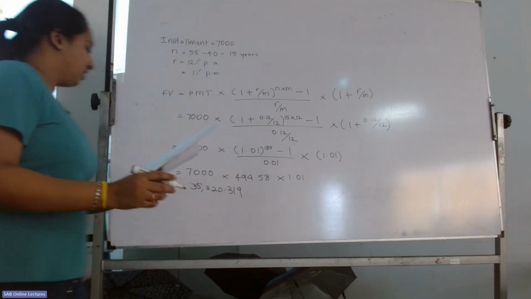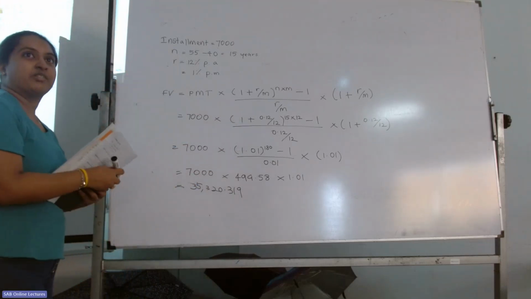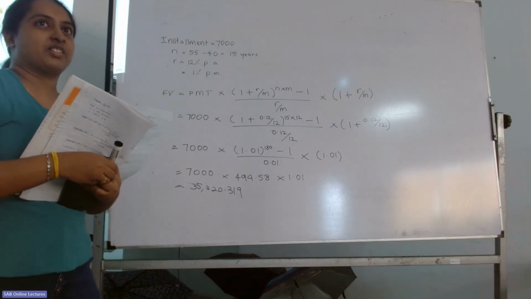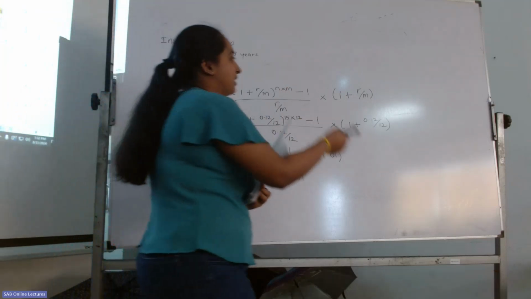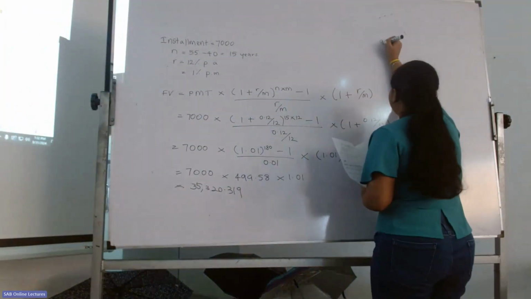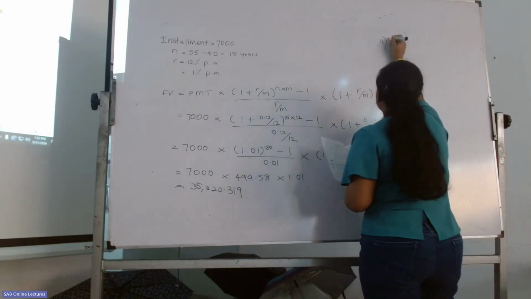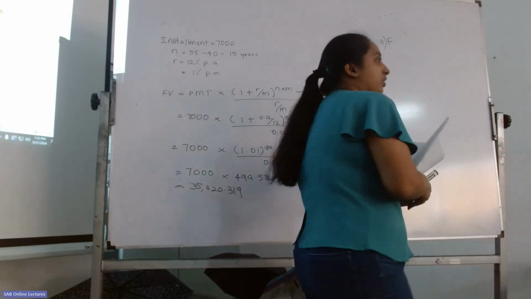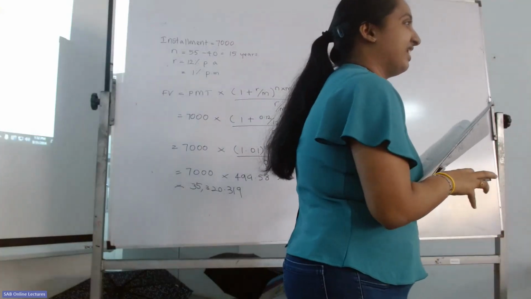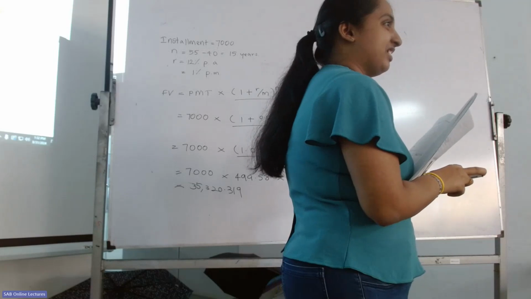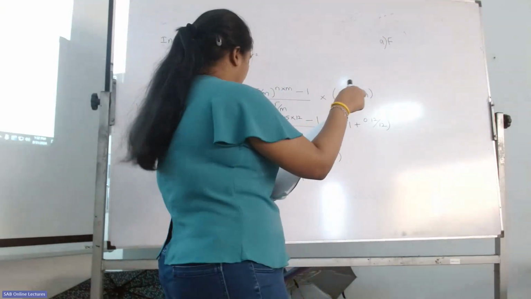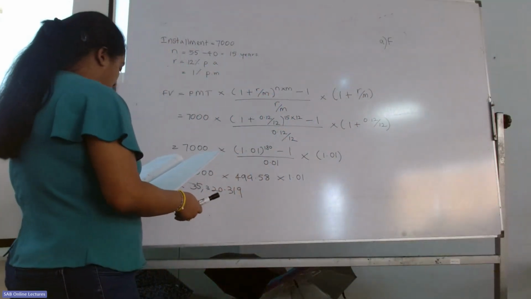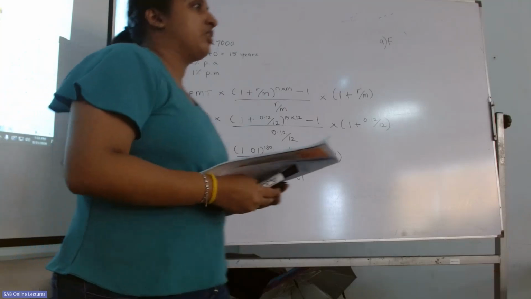It is what? After the 15 years, this will be. So this is the answer for part A. How much money will be accumulated by the 60th birthday? Is it the answer, the accumulated fund on Kumar's 60th birthday?